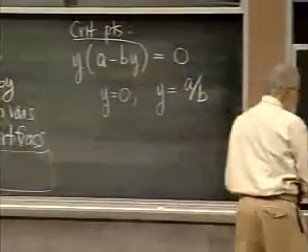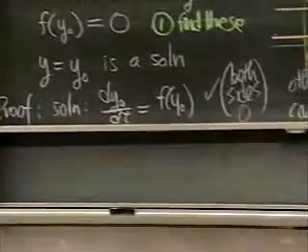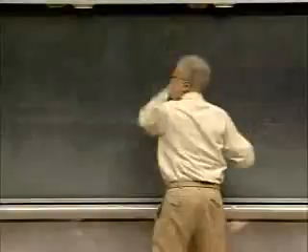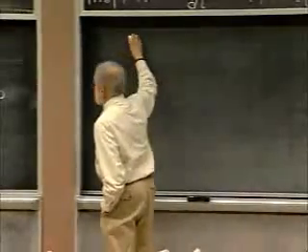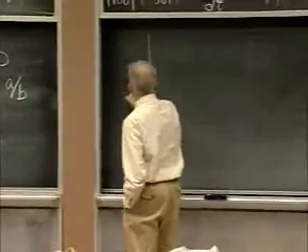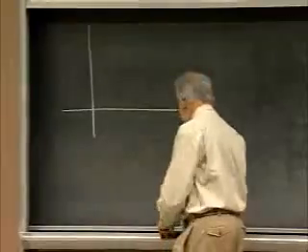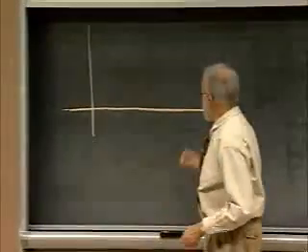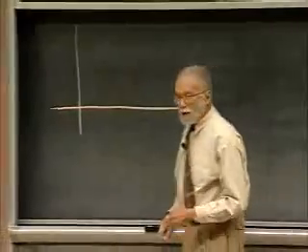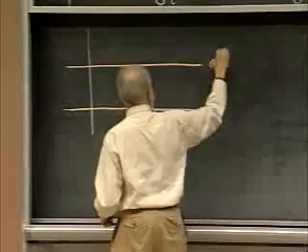Okay. Let's start drawing pictures of solutions. Let's put in those right away. The critical point 0 gives me a solution that looks like this. And the critical point a over b, those are positive numbers, so that's somewhere up here.